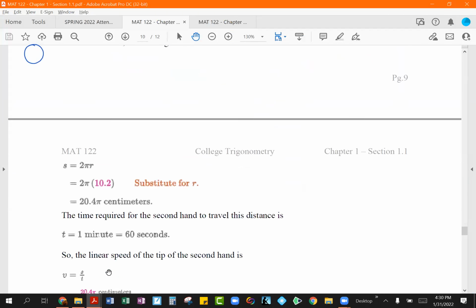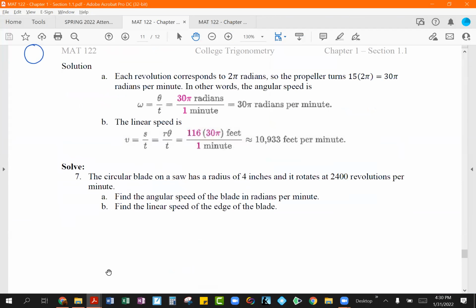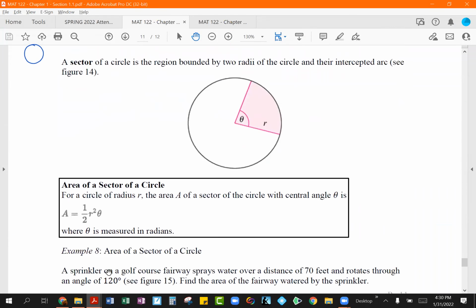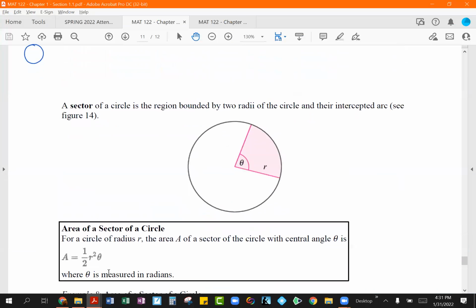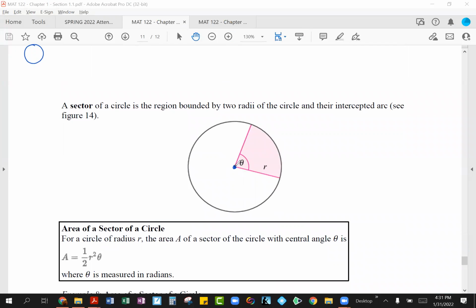So again, if you look at your textbook, your handout, that's what the sector will end up looking like, because just imagine your sprinkler is placed right here, and whatever distance the water will cover from the sprinkler is going to give you your radius. The sprinkler head is here, and this is how far the water is going.